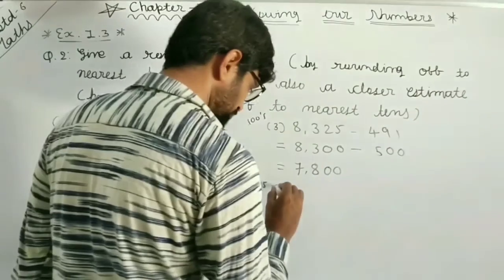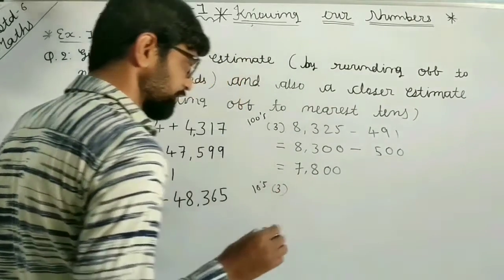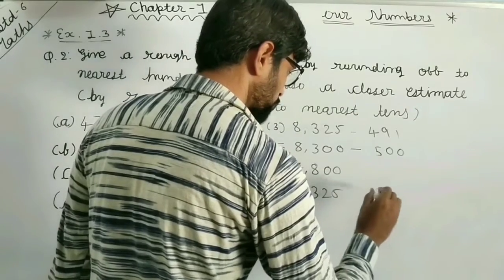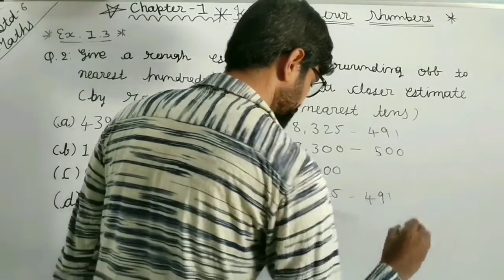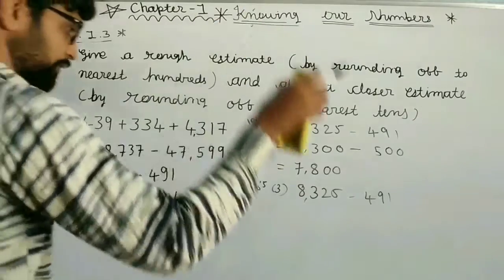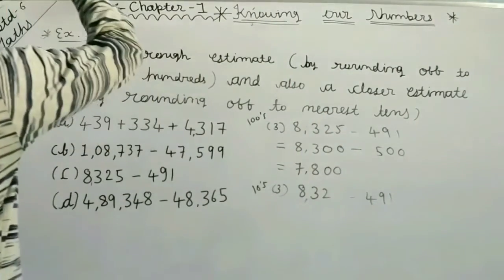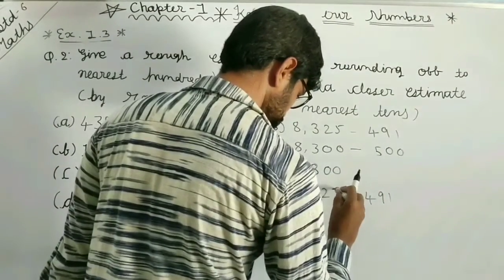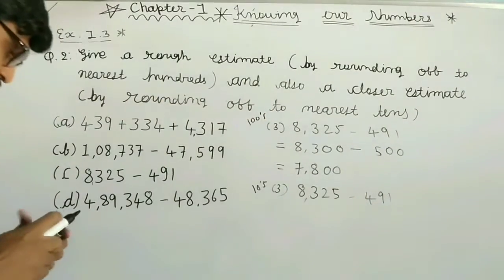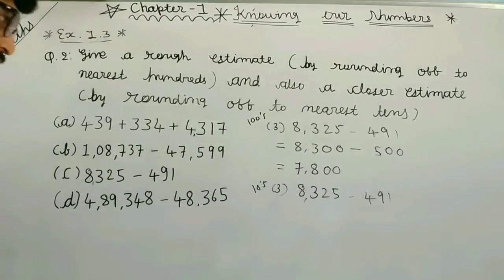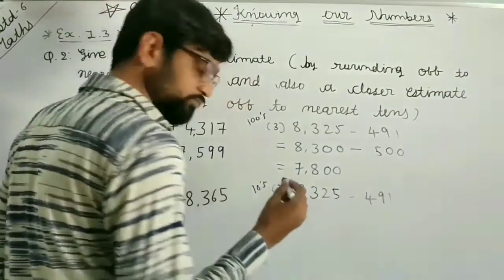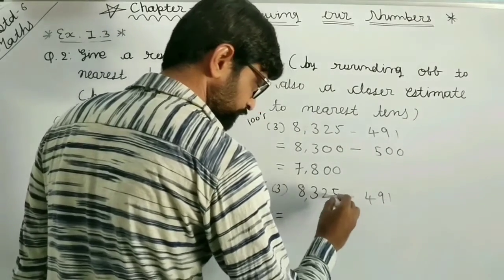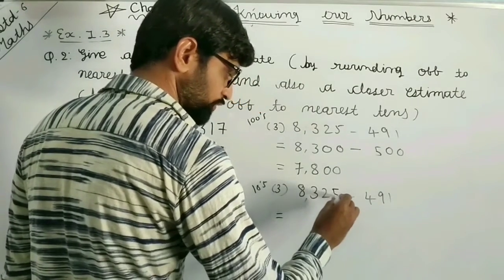Now the same question as per the tens, rounding of tens. 8325 minus 491. Here is 5. Now rounding of 10. 0, 2, then 5.